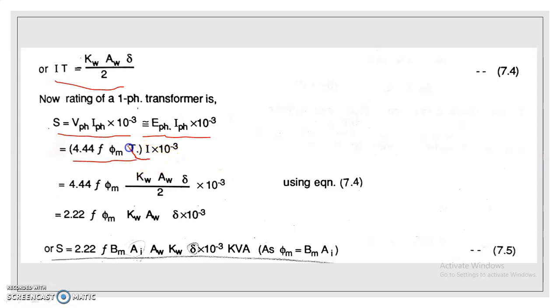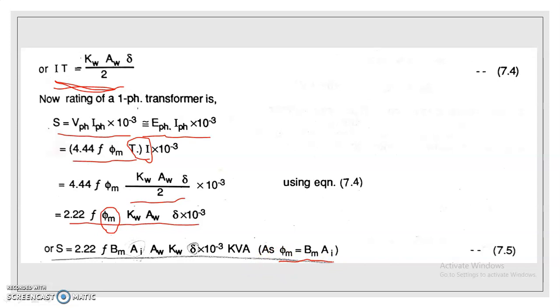We have the term I into T here, and we already calculated I into T. So just put this value here. After solving, finally you will get 2.22 f phi m Kw Aw del into 10 raised to minus 3. Just substitute for phi m, which is nothing but the flux, and we can define the flux as Bm into Ai.